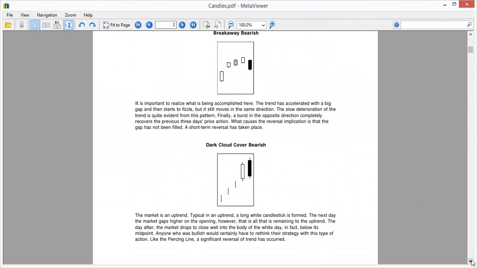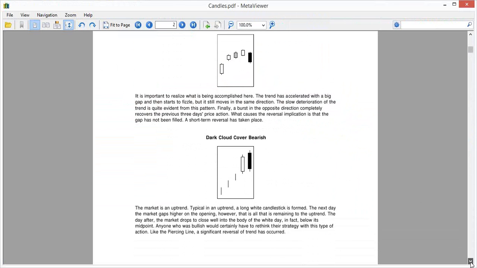Finally, a burst in the opposite direction completely recovers the previous 3 days price action. What causes the reversal implication is that the gap has not been filled. A short-term reversal has taken place. So that's the bearish candle reversing the 3 days. That's a reversal candle, and it's closed below the previous 3 days price action, and that's a bearish formation.